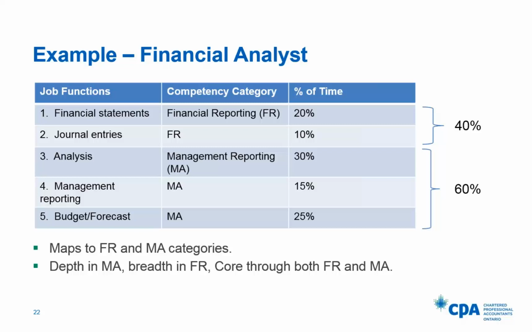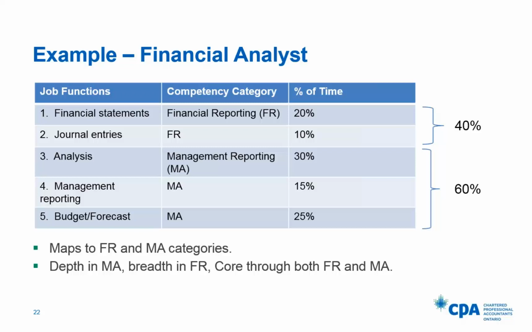The other thing is to step back and think about the time. How much time do you spend on these activities in total? You can see some of the estimates here. Items 1 and 2 sum to about 40% of your time, and items 3, 4, and 5 are about 60% of your time. So most of your time is spent in the management accounting area, and that is likely where your depth is going to be.